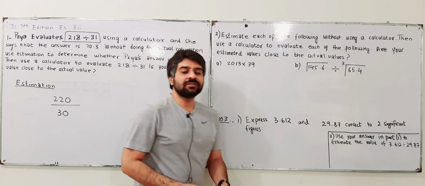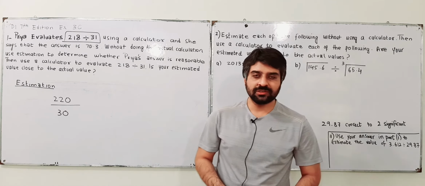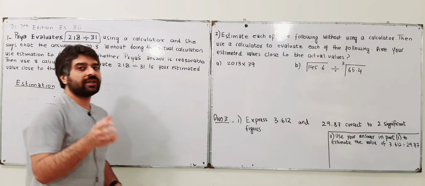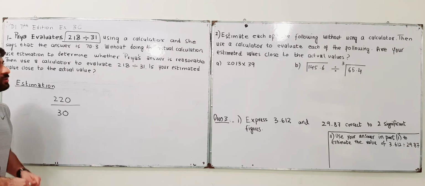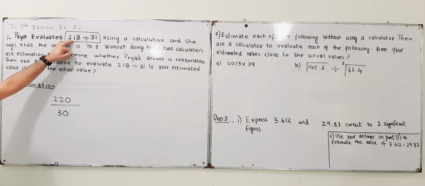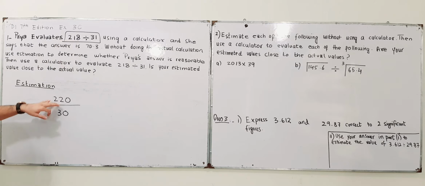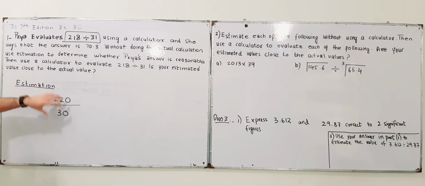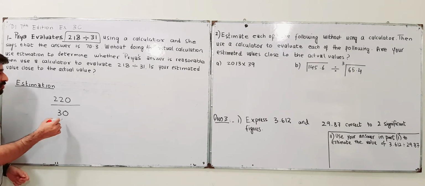The purpose is to simplify our calculation, nothing else. You can change your value, but it should be reasonable. Converting 218 to 220 and 31 to 30, we haven't made a significant change. Now do the simplification.